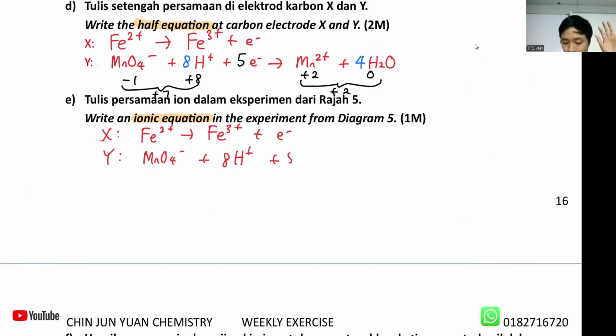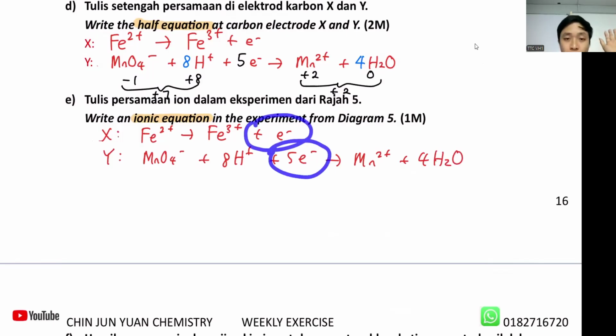So I copy back. Correct? Then what should I do? Always look at the electron, is it balanced or not? No, this one is 1, this one is 5. So I have to make it balanced.